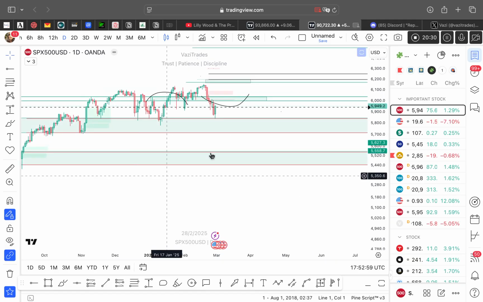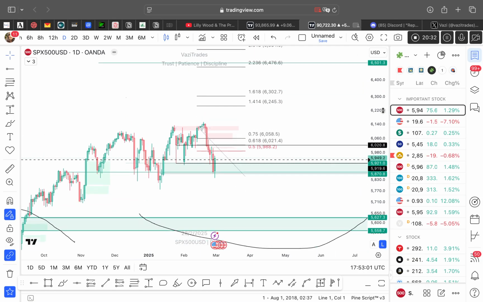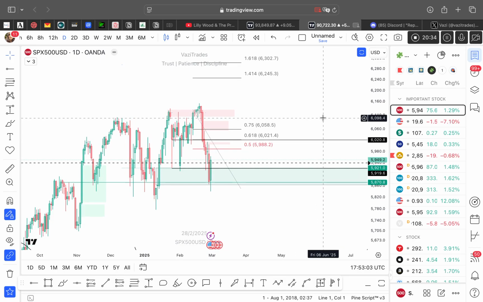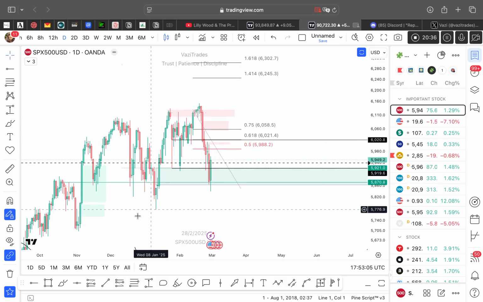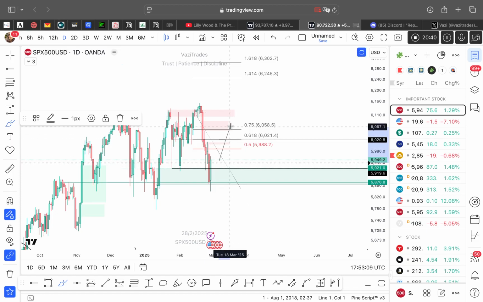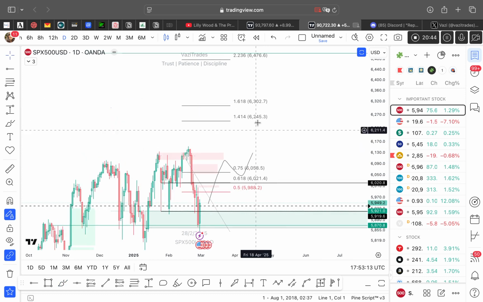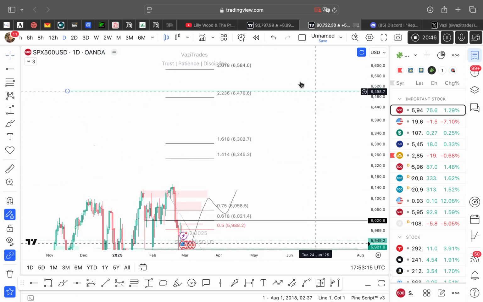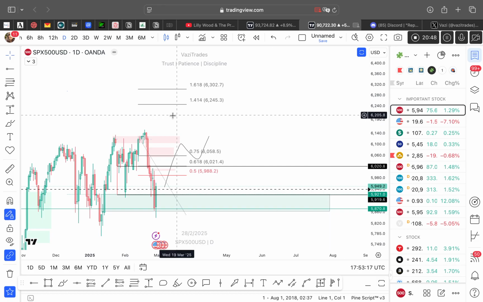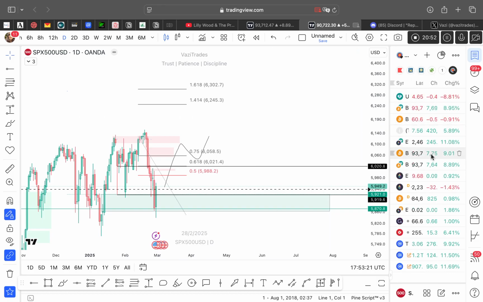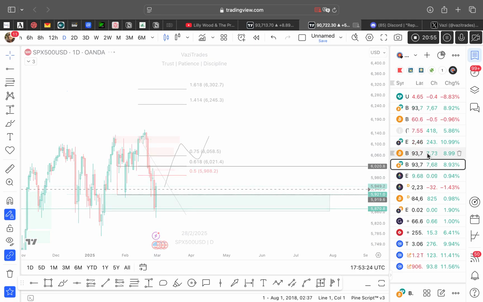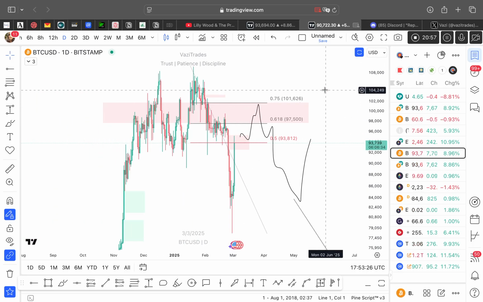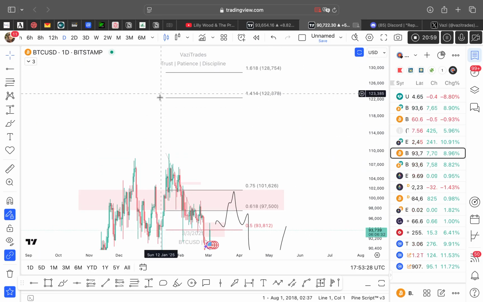And as I said, if we want to see a bullish trend, then SP 500 needs to flip above 0.75. In this case, it will go to this high, then probably this high, and this will bring a move in Bitcoin until this area.